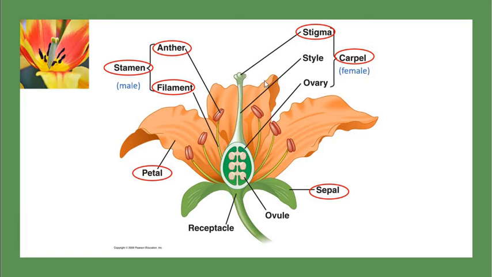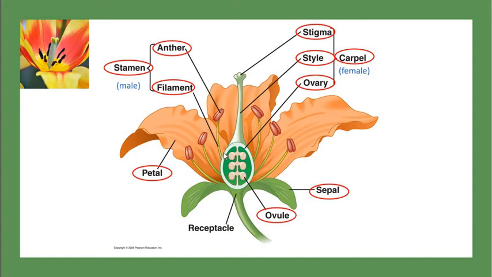This long part right here is known as the style. And although you may not think about it with plants, this part right here is the ovary. Now what you will see inside of the ovary, these are called ovules, and this is basically the parts that can become seeds. And the seeds are going to contain the new plant, obviously.